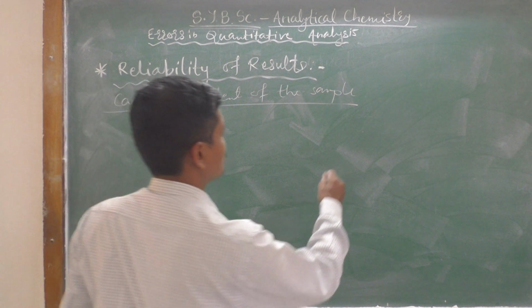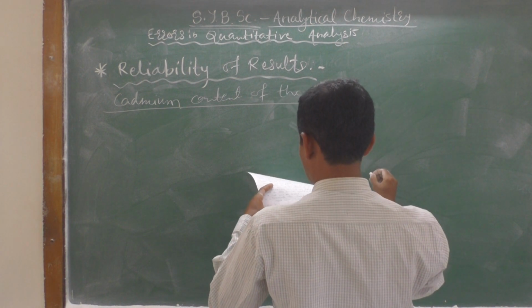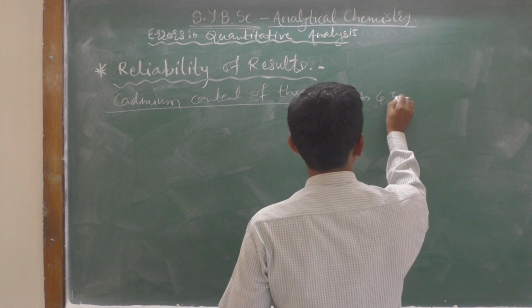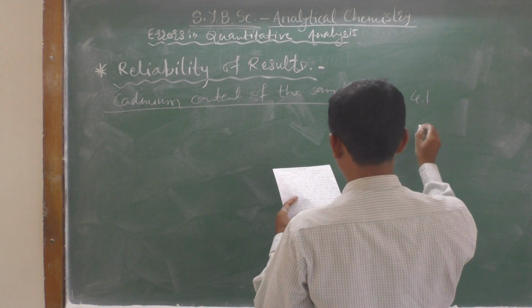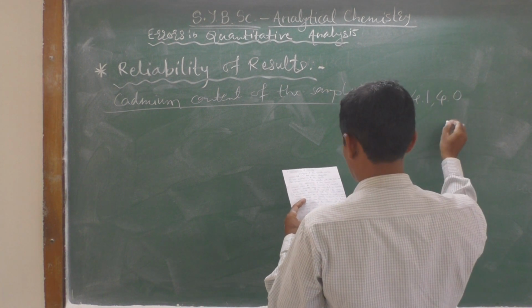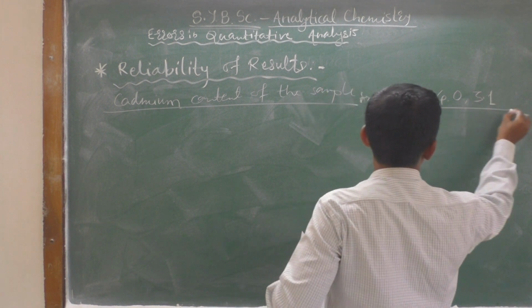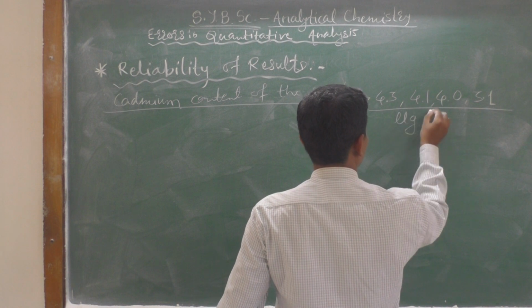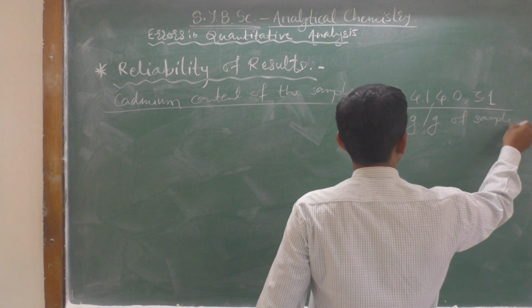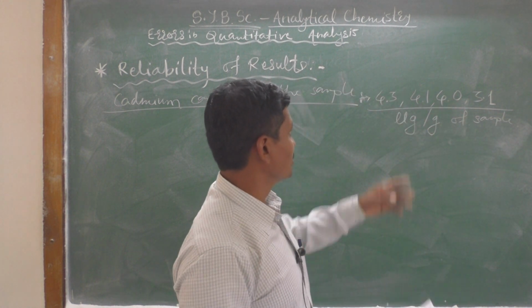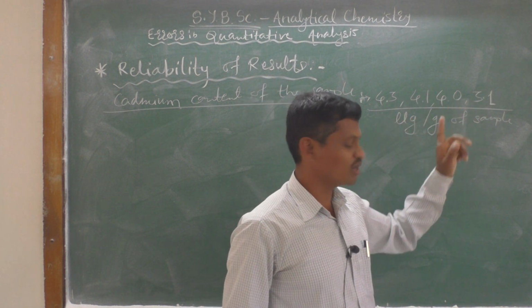The values obtained are 4.3, then 4.1, then 4.0 and 3.1. All these values are in microgram per gram of sample.